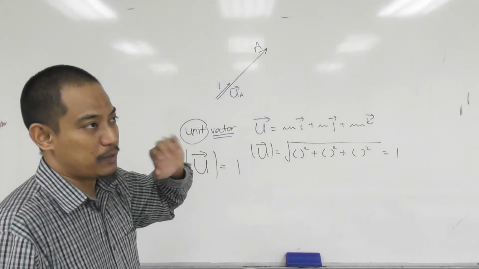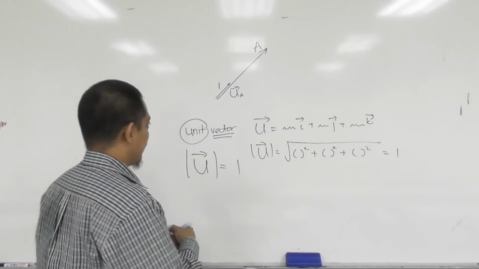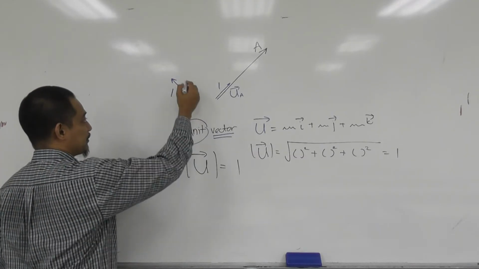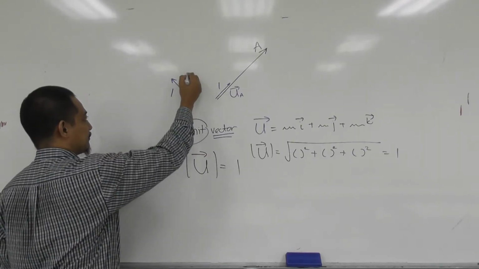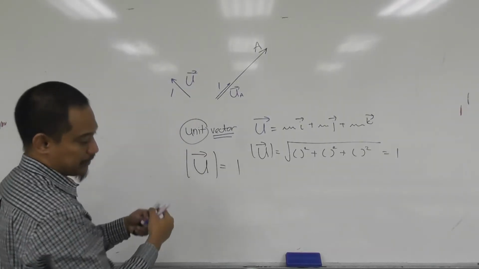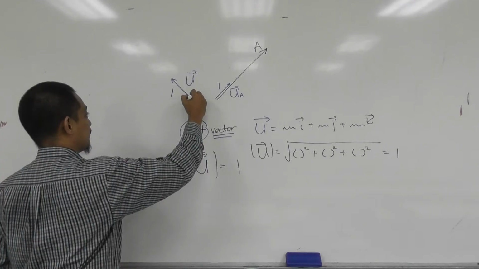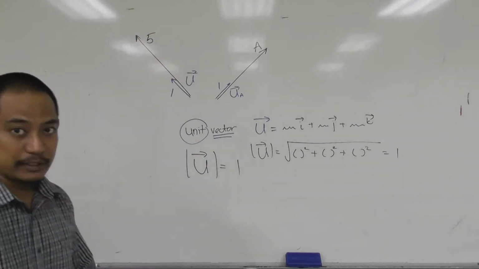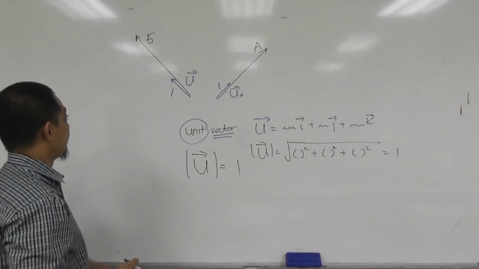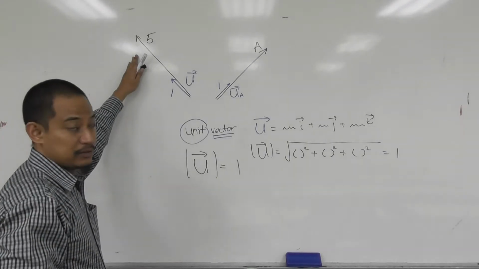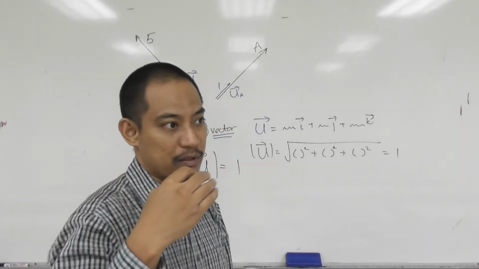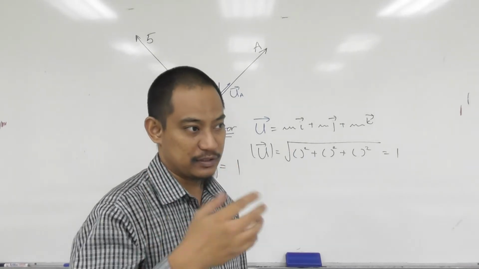Why is this important? Because say I have this unit vector, magnitude of 1. So if I have a vector in this direction with a magnitude of 5, then what is the vector? We have covered from the previous recording that multiplication of a vector is just you multiply.